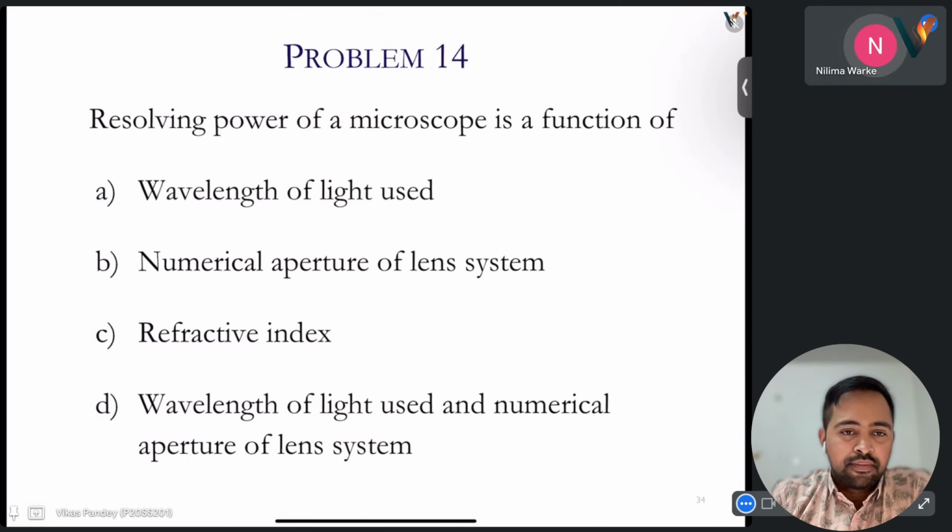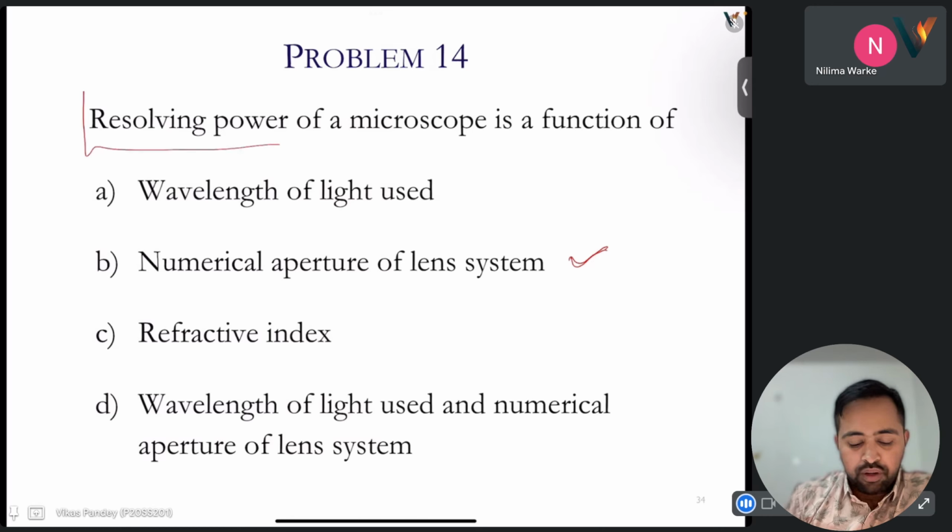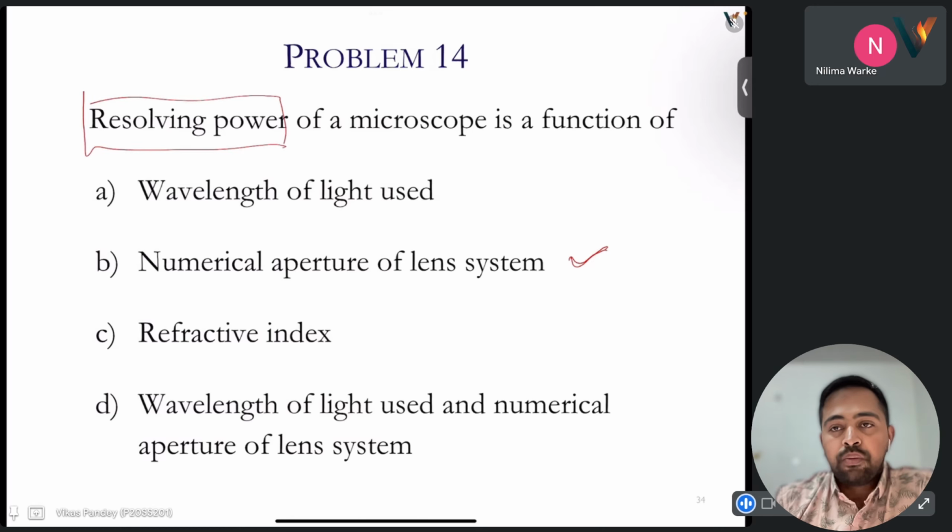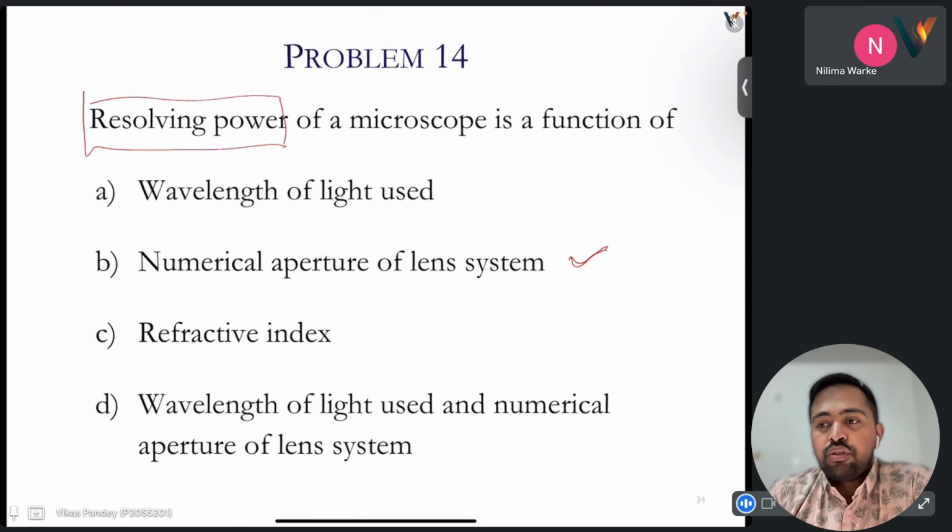Is it the numerical aperture of the lens system? It is saying resolving power. Resolving power is like the resolution, the smallest thing we can see.